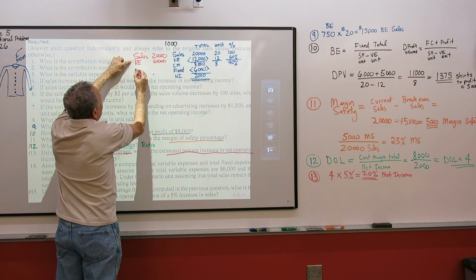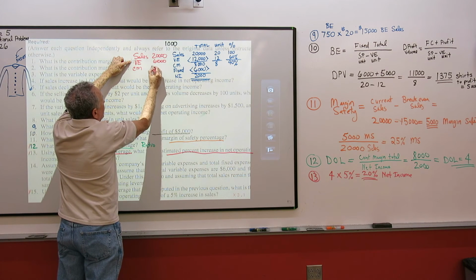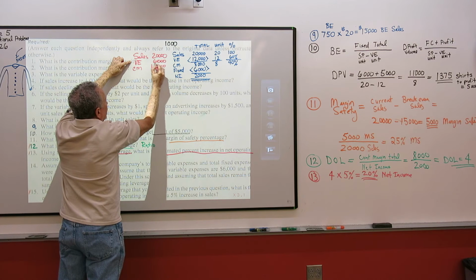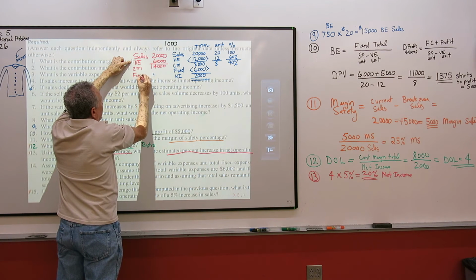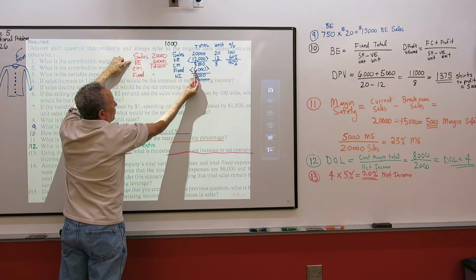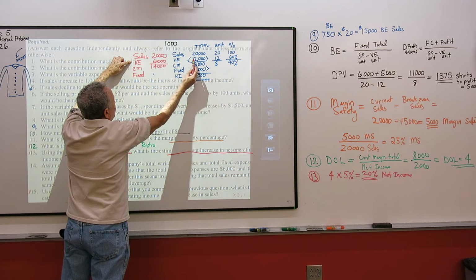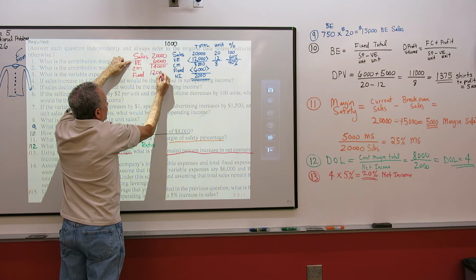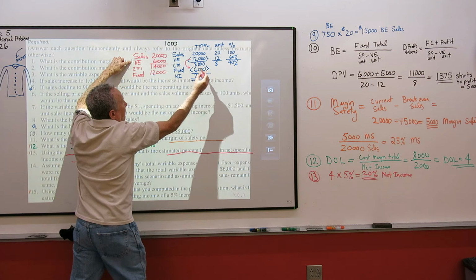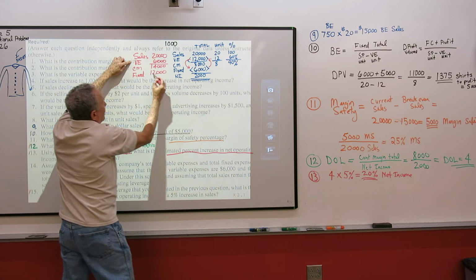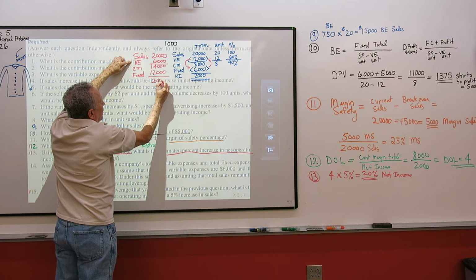And now that'll give you a contribution margin of $14,000. And now if you take out the fixed, the fixed are not going to be 6 anymore, they're going to be 12. You see, these are what I swapped out. And that's going to give us $2,000 of net income.